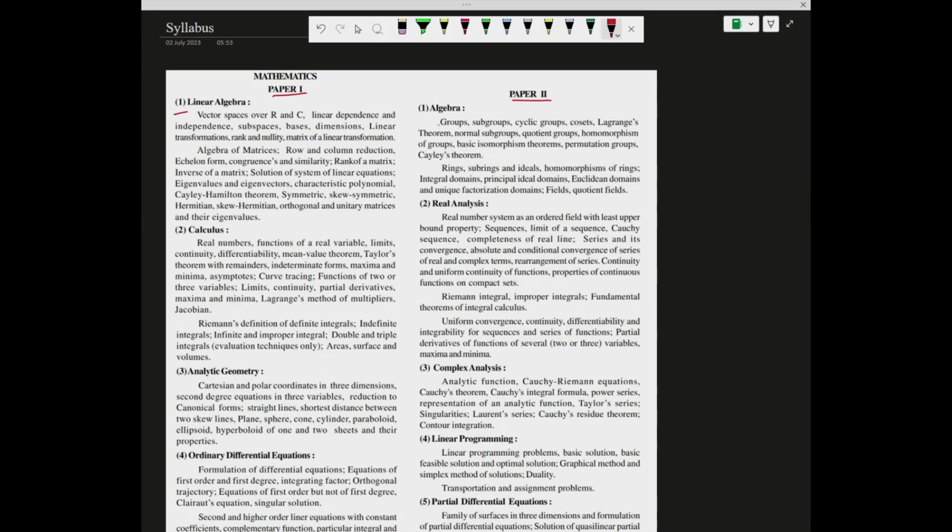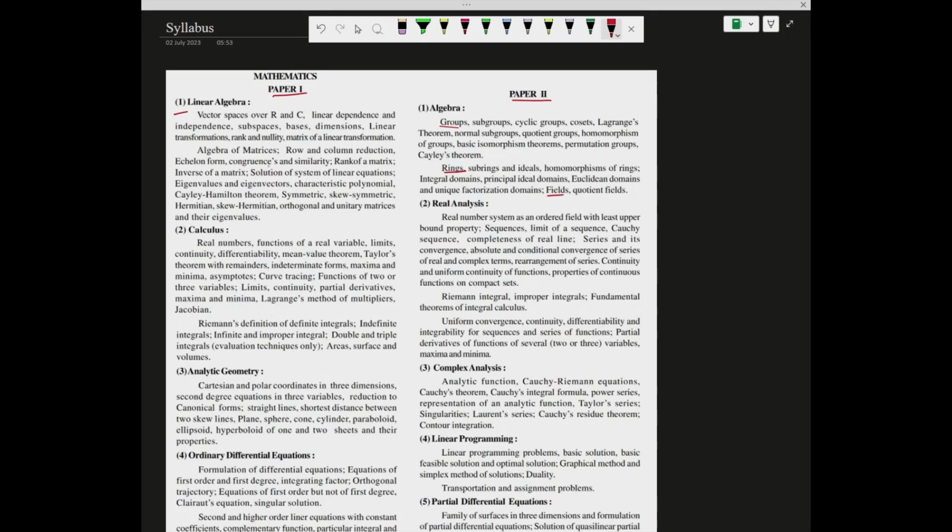And this vector space also has a dependency on groups, rings, and fields, right? So it's better to start with these things, but I guess a little introduction is sufficient to start with the vector space. So we'll do that.